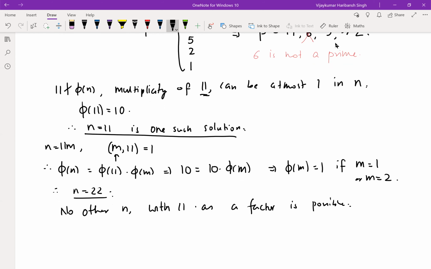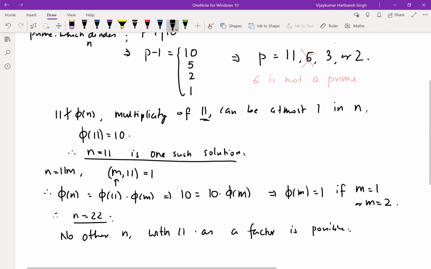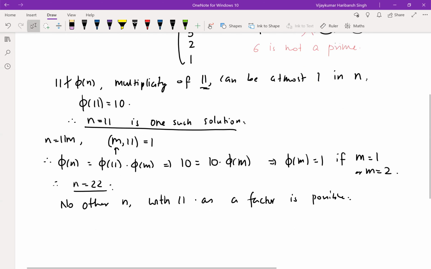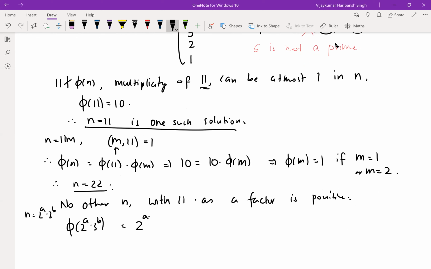Now what are the other primes left out? The other possible primes are 2 and 3. So now 11 is gone. If n is of the form 2 to the power a times 3 to the power b, you will get phi of n is 2 to the power a minus 1 times 2 minus 1, times 3 to the power b minus 1 times 3 minus 1, equals 10.